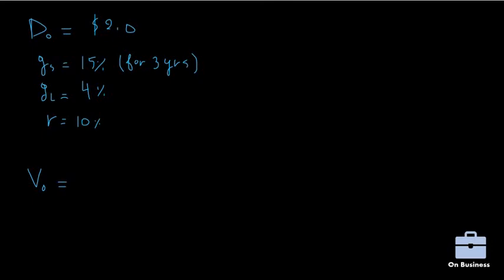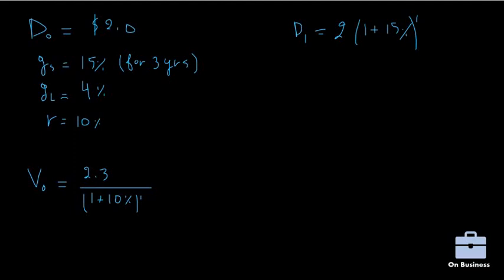Okay, so the growth rate is 15%. So in order to get D1, that's going to be $2 times 1 plus 15% to the power 1, right? And this will give me 2.3. I discount it by 1 plus 10% to the power 1 to get its PV.